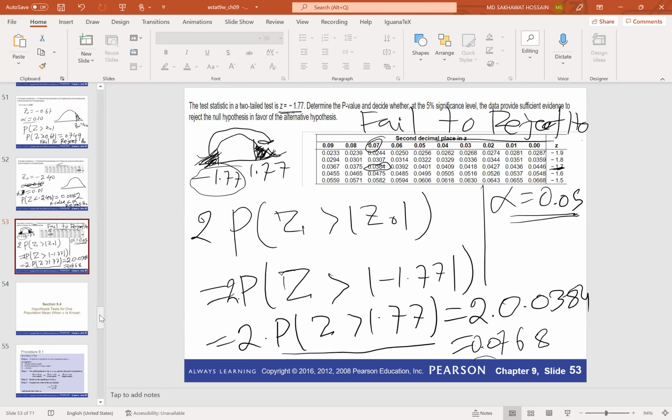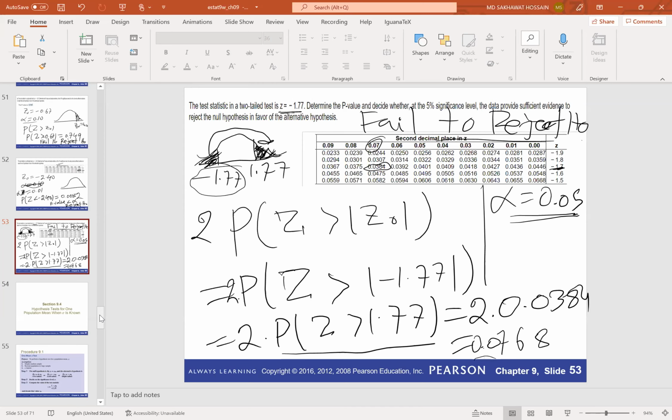Okay, so that's all about section 9.3. Today we learned two things of the hypothesis test: one is the critical value approach and the other is the p-value approach. We also know the relationship between them.